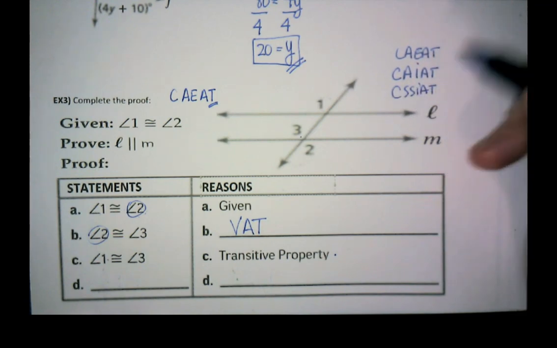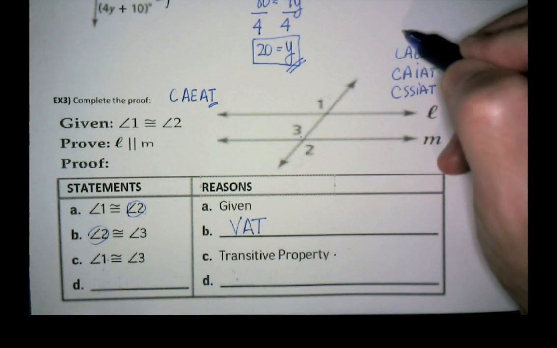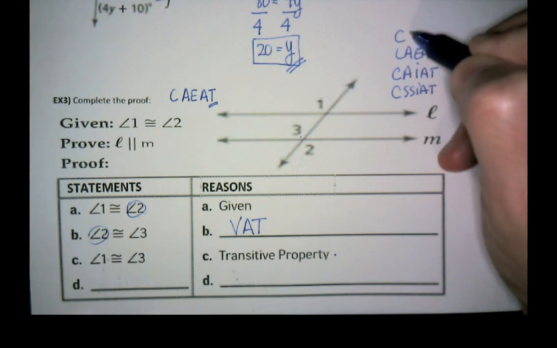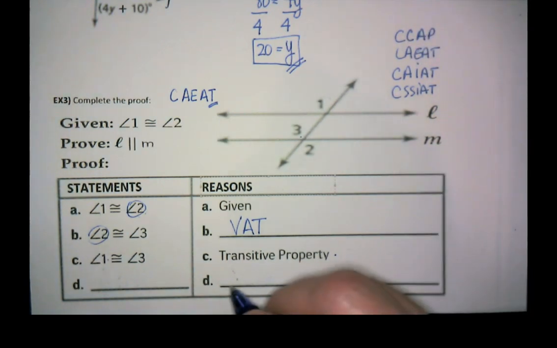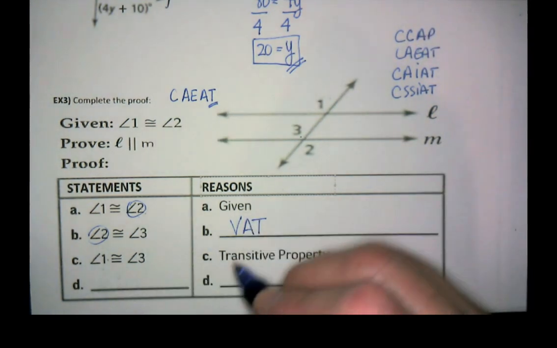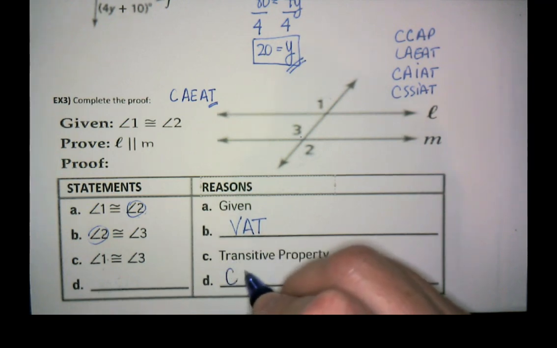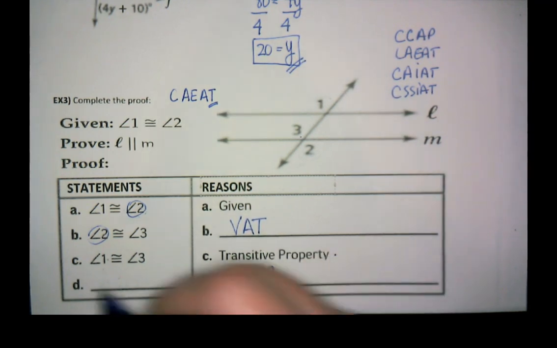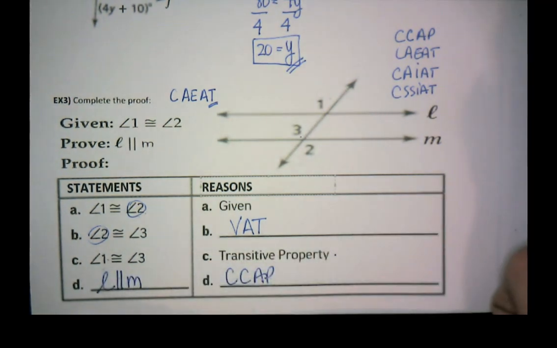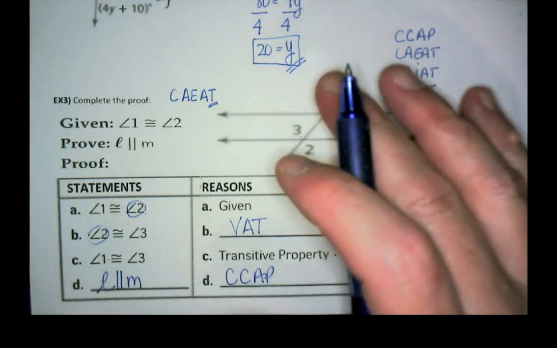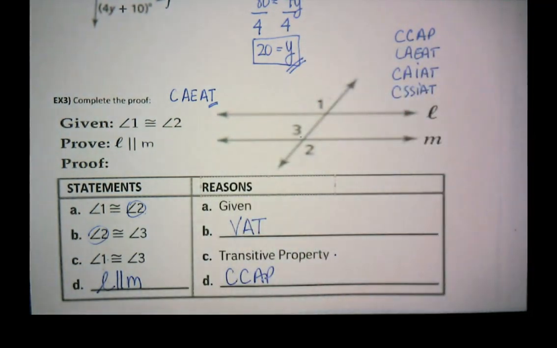These are all theorems, something that has to be proven, but the only one that does not have to be proven is the CCAP, which is the converse of corresponding angle postulate. So that means I can use that CCAP. That would be that line L is parallel to line M. So this is going to be just a little taste of what proofs is all about.